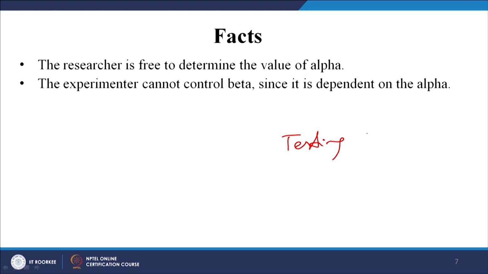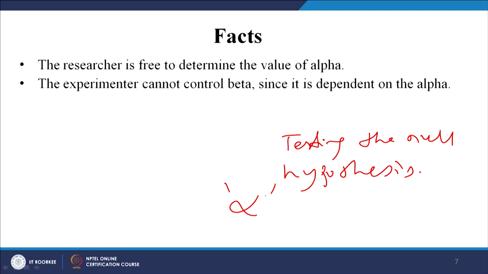So, when we are testing the null hypothesis, we are testing it at a particular level of alpha or the significance level, or at a confidence level. The study is dependent on the researcher who decides the alpha. As we cannot control the beta, we are dependent on the alpha.